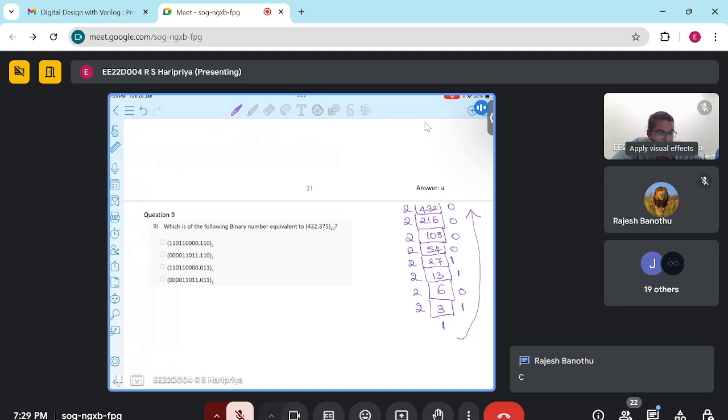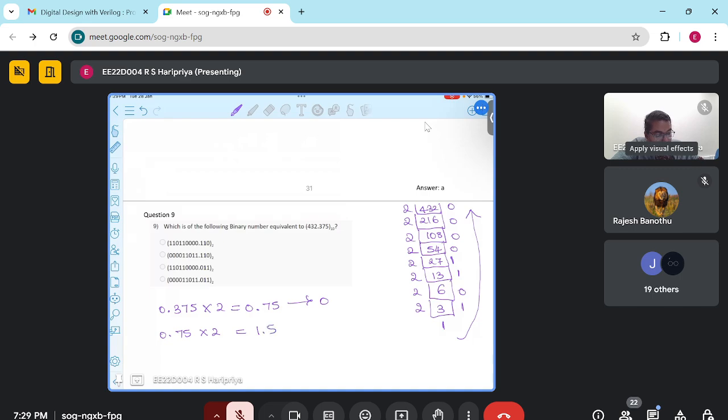So the next is 0.375 into 2, which is 0.75. So the integer part before the fraction is 0. And next is 0.75 into 2, which is equivalent to 1.5.